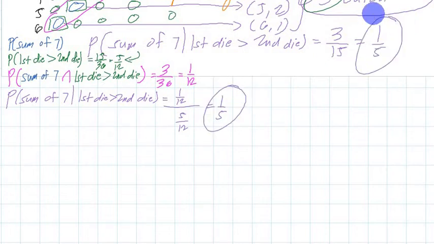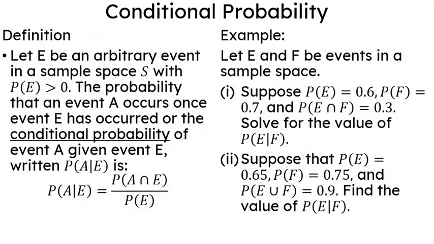This will now lead us to the formal definition of conditional probability. So, let E be an arbitrary event in a sample space S with the probability of E greater than 0, meaning it is to happen.